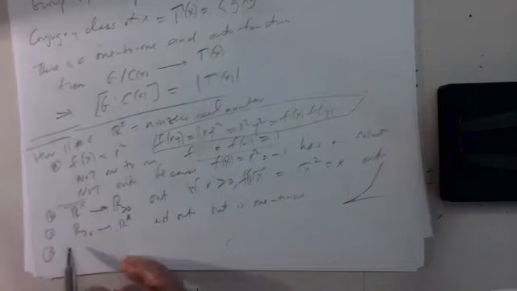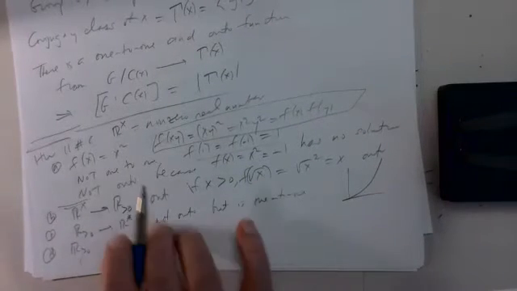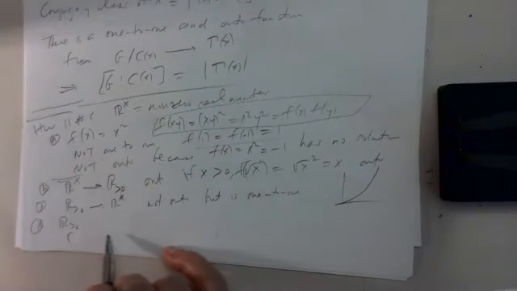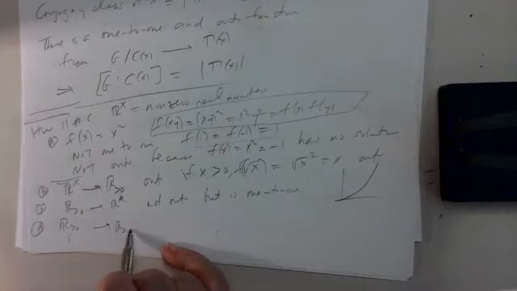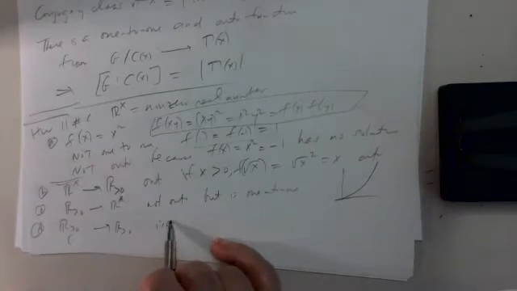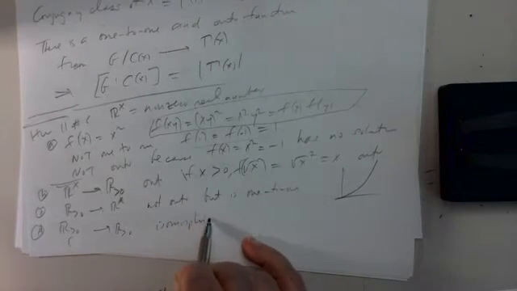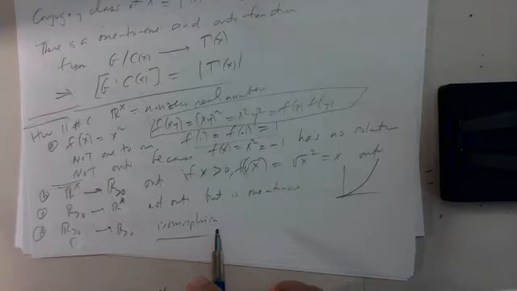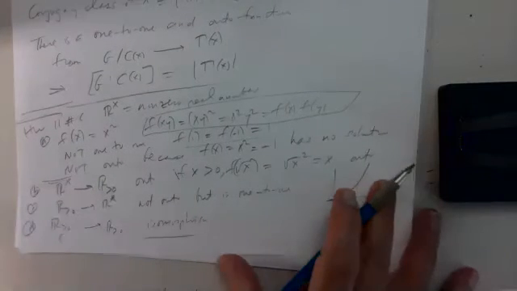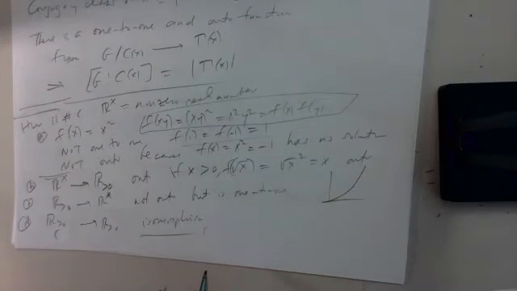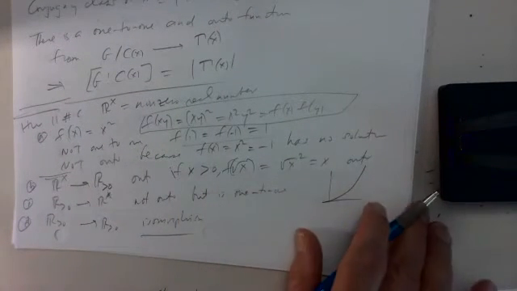And if you look at this function from the positive numbers to the positive numbers, this is an isomorphism. It's a homomorphism that's one-to-one and onto. So that's what it is. Thank you.